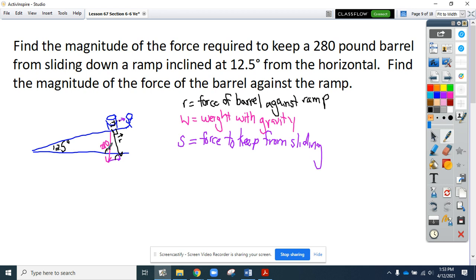This is a right angle because our force, that is our weight with gravity, was straight down. And this was a horizontal, so we know that that is a 90-degree angle, okay? So if those are 90-degree angles, we know the relationship here. These two angles have to be equal, which means that 12.5 is also that angle.